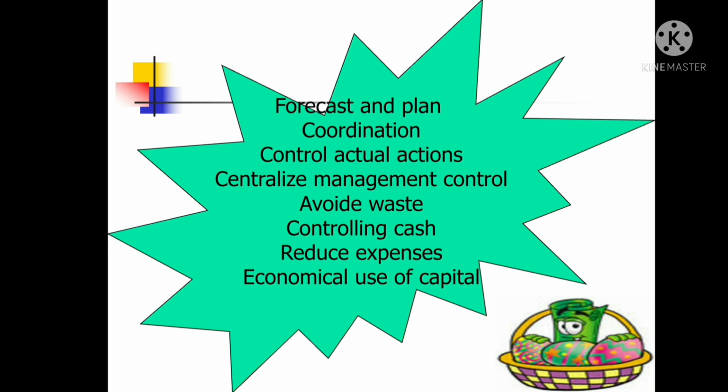It is a coordinated activity of the entire organization, and we need control over the financial activities of the organization. Usually the centralized financial planning and control is by the top level management. Then we have to avoid waste of money and resources, then control the cash through this budget, then reduce the expenses. That's another objective of this budgeting.